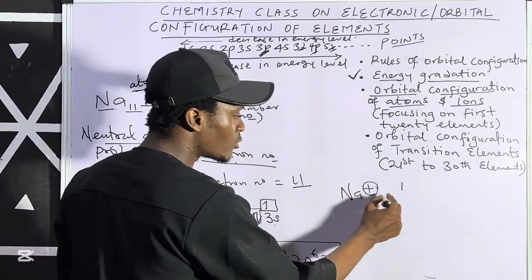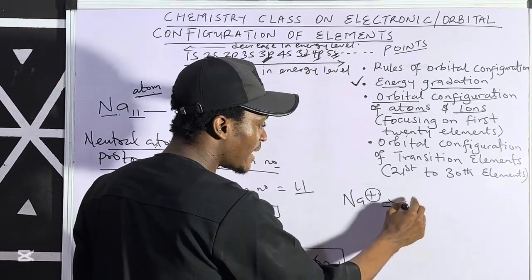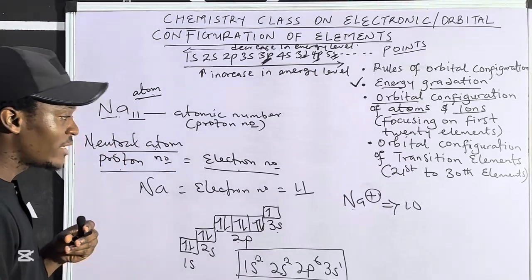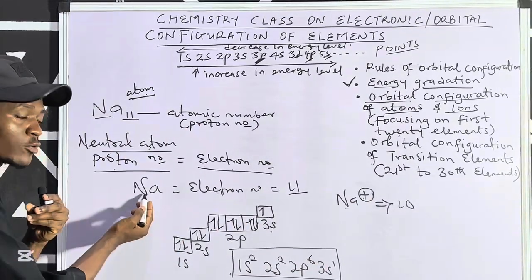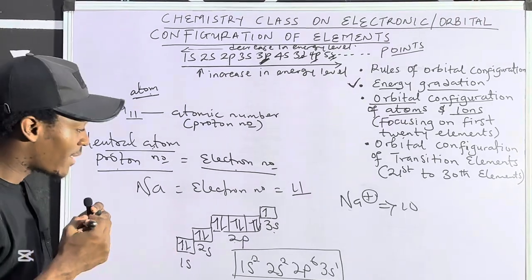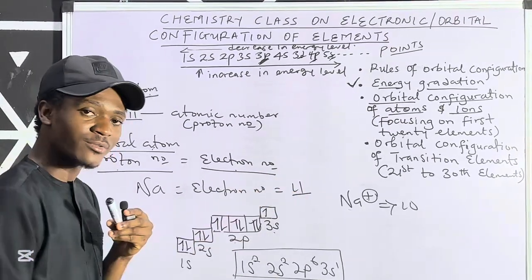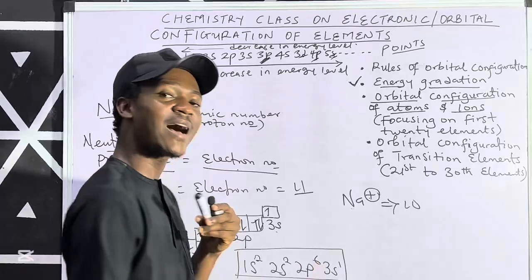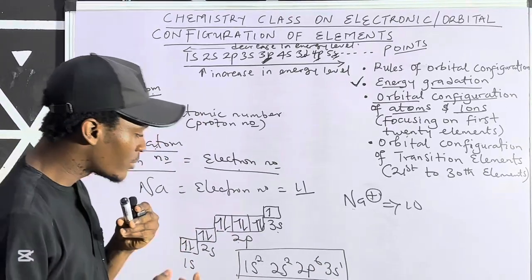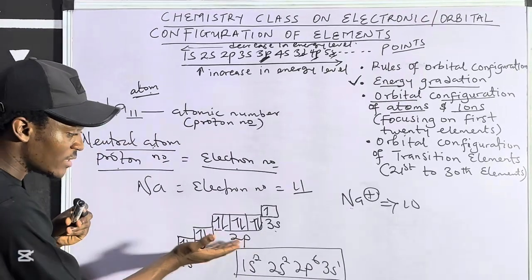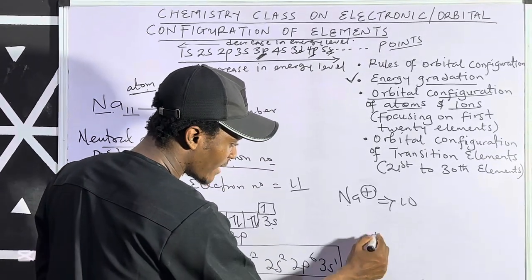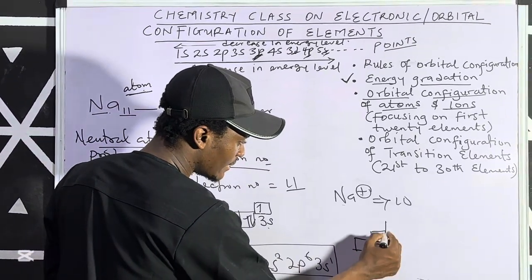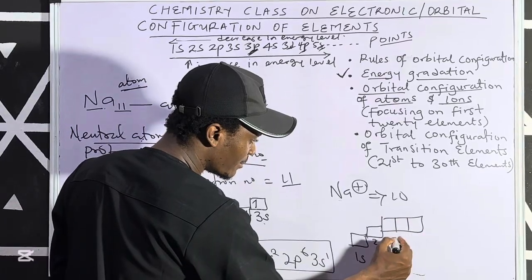It will now be left with 10. So the orbital representation of sodium ion is different from sodium atom, because sodium atom has 11 electrons, while sodium ion has 10. So how do we go about it? We can still go to this our profile, 1s, then 2s, then 2p.